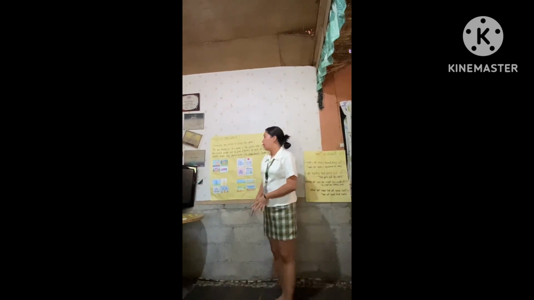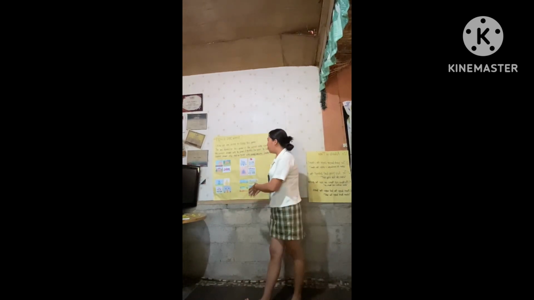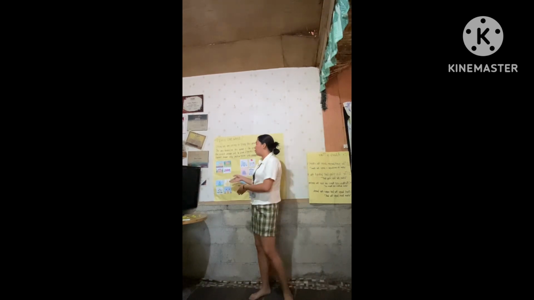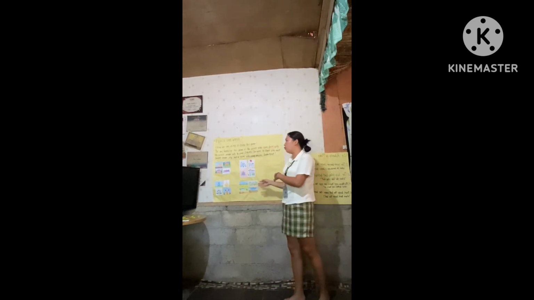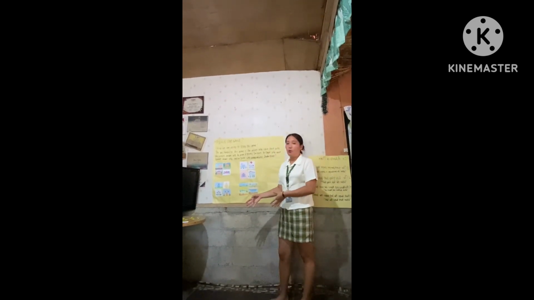So, what is 4 Pics 1 Word? The mechanics of 4 Pics 1 Word is that I'm going to make you guess the pictures and say to me what is that place. Okay, so what can you say about these pictures in front of you?